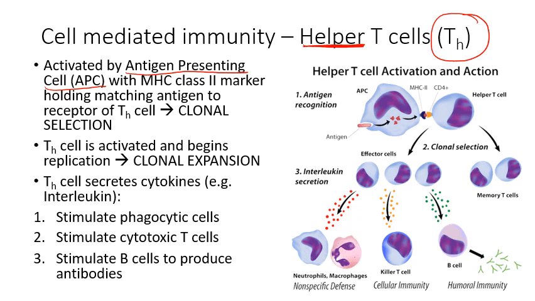So if we just look to the right of the screen here, this bit that I'm now circling is showing you an antigen presenting cell that has a small section of a non-self antigen displayed on its MHC class 2 marker.